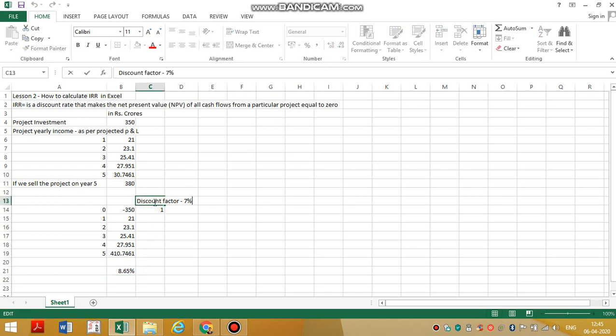For example, we will put the discounting factor at 8.65%, just checking. Now 1 divided by 1.0865. Okay, now we will calculate this.